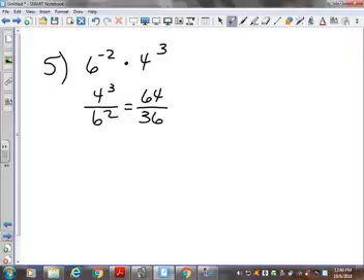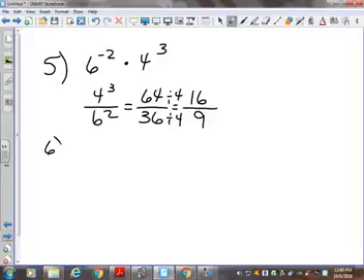Anything going into 64 and 36? 4. Might be a little bigger. That'd be 16 over 9 if we divide both of them by 4. Right? 16 over 9 doesn't reduce, does it? So you can work them if they're on different bases, but in that case, you can't use power rules. You just got to work out each power problem and try to put it together as a fraction.